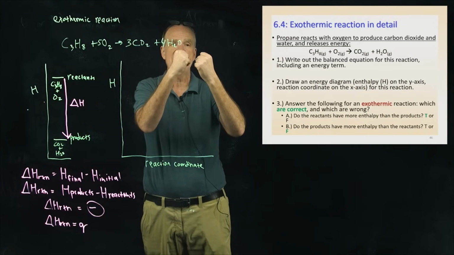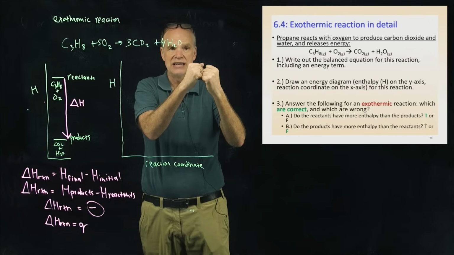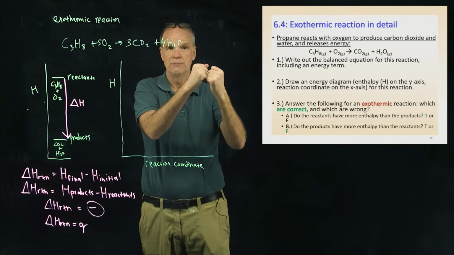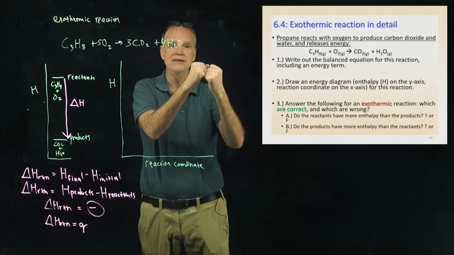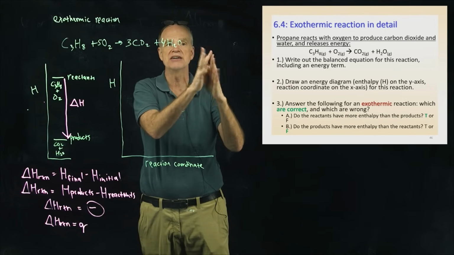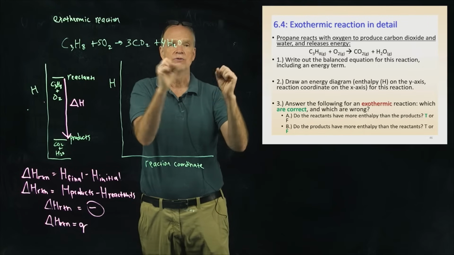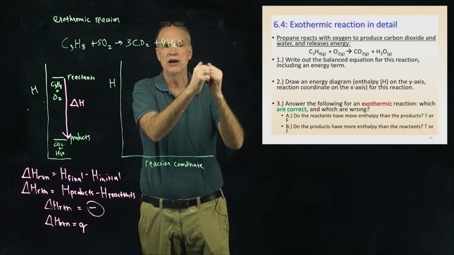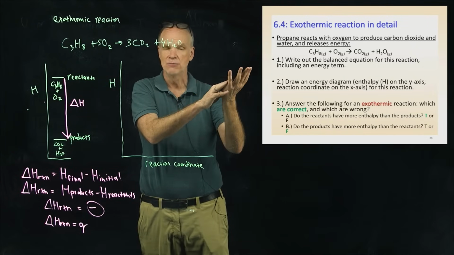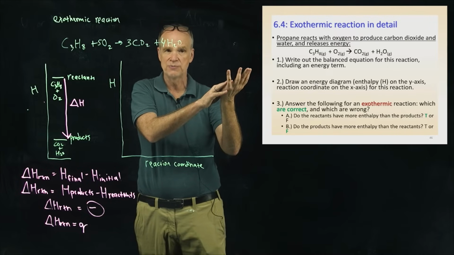But then what will have to happen is when they strike each other, you have to break the bonds within the propane and within the oxygen molecule to release the atoms so that they can rearrange and form the products, carbon dioxide and water. Well, the energy you need to break those bonds is a little bit more than the energy that is within those molecules.